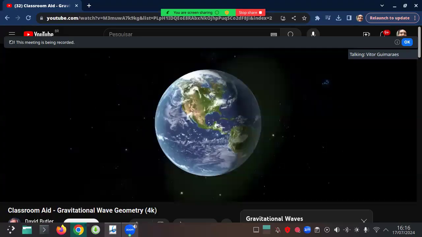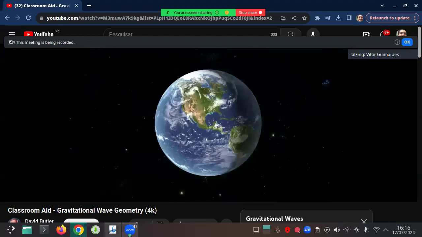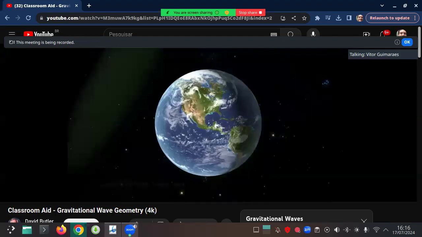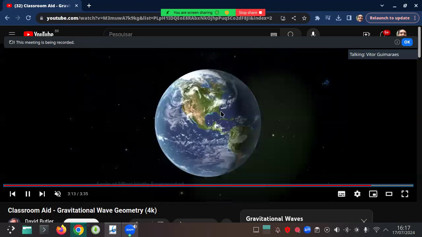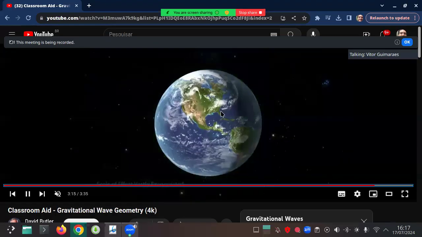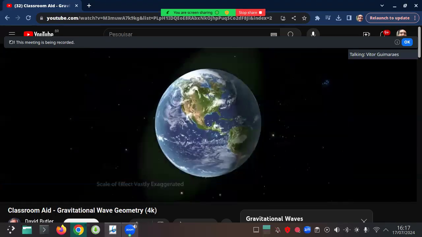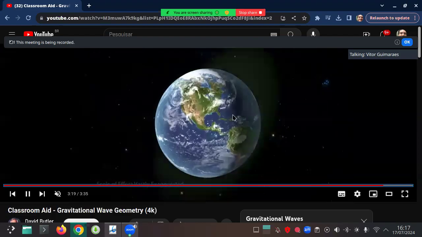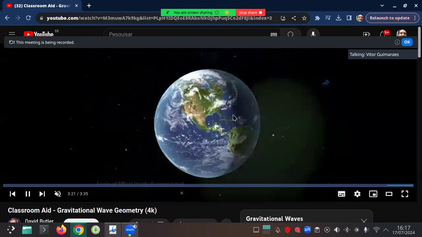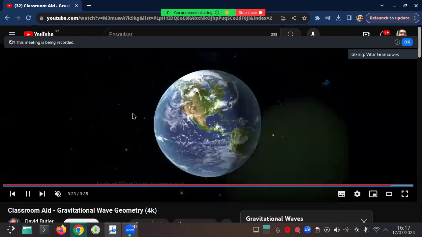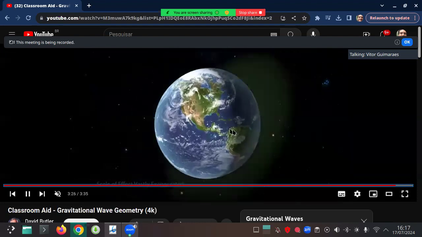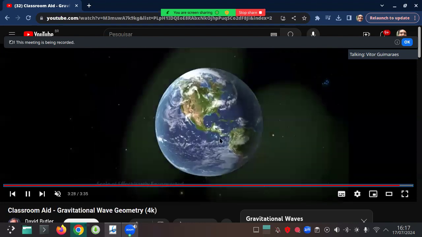And thus, as a wave passes, somebody asked me yesterday about the scattering of gravitational waves in massive objects. The thing is, it passes through because the coupling of these gravitational waves with matter is very weak, right?